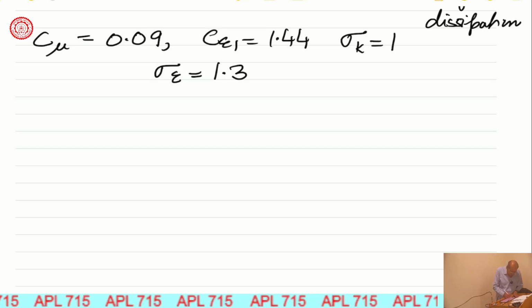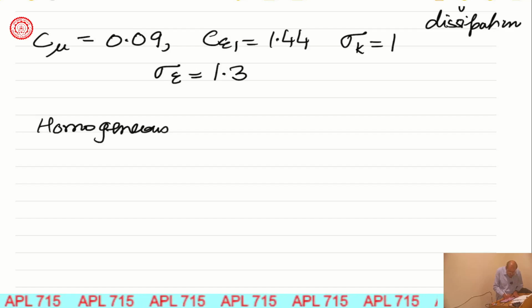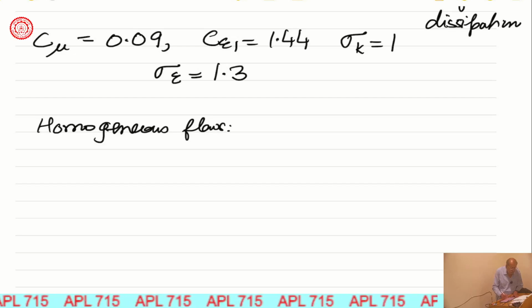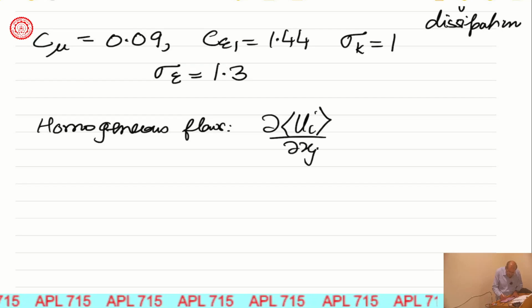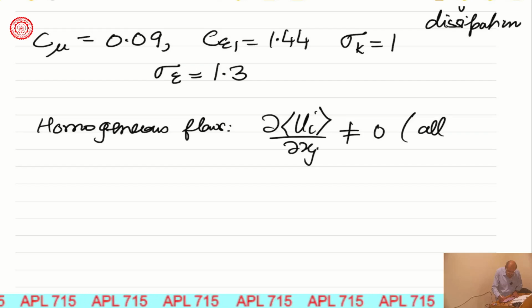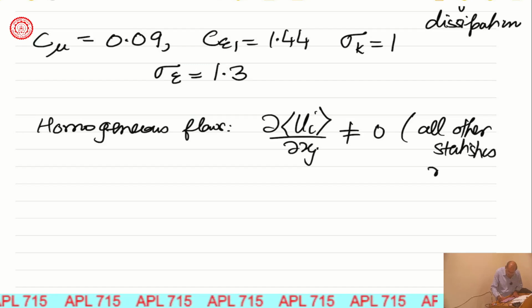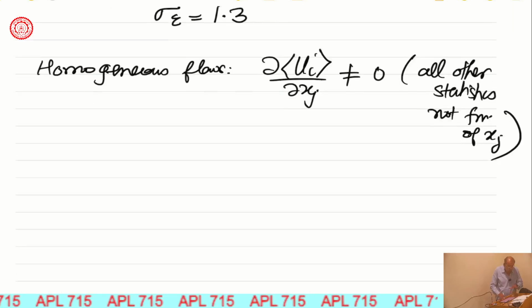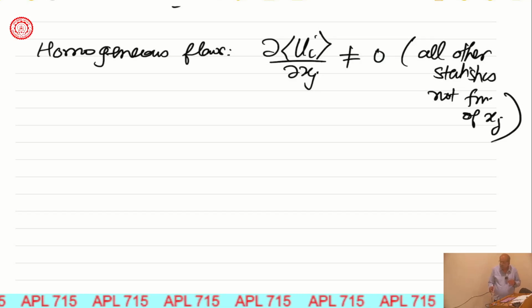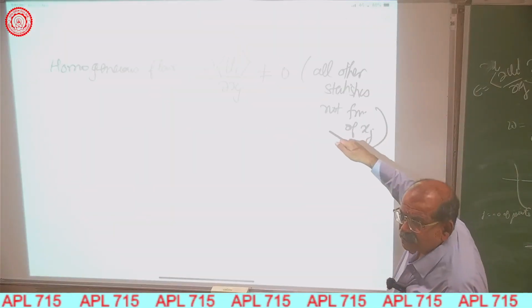See, for example, if I look at all those objections which we had, if we look at homogeneous flows where dU by dxj is not equal to 0, all other statistics are not functions of xj. Only the mean velocity is allowed to change. The mean velocity gradient is not 0, but all other Reynolds stresses etc., their gradients are 0.